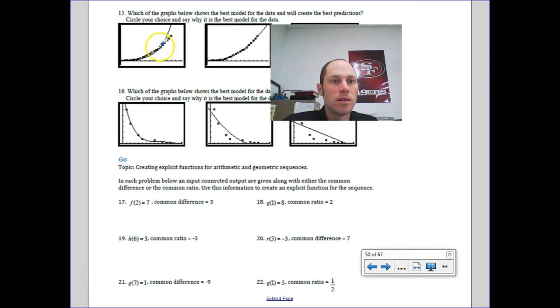And then determine which of these models are going to be the best for making predictions. And then also review what you know about arithmetic and geometric sequences and how to create those explicit functions. So if you need help, look back in your notes in that section as you go through that.